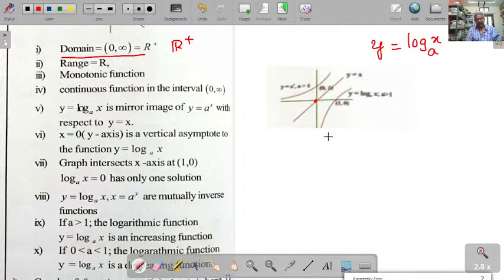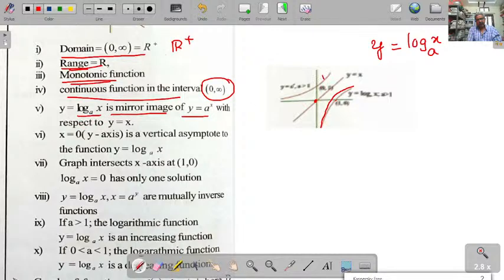Range is all real numbers. It's a monotonic function, and it is a continuous function in the interval 0 to infinity.